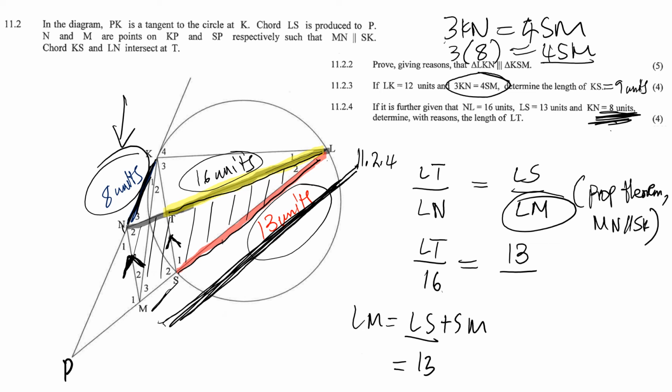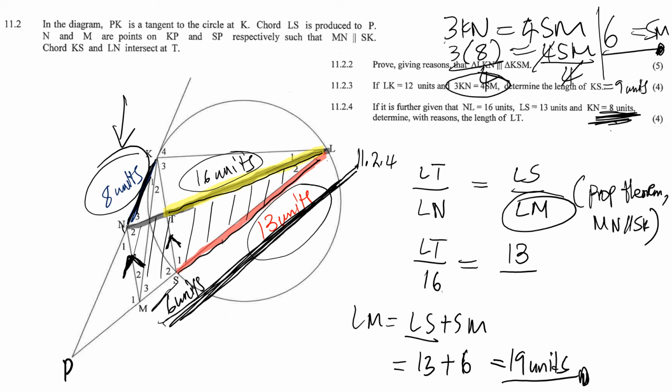We divide by 4 on both sides, then the 4s cancel, and SM will be equal to 3. 8 divided by 4 is 2, then 3 times 2 is equal to 6 units. So SM is 6 units. Now it's easy. LM will be 13 plus 6, which gives us 19 units. That's basically what they wanted you to do there.